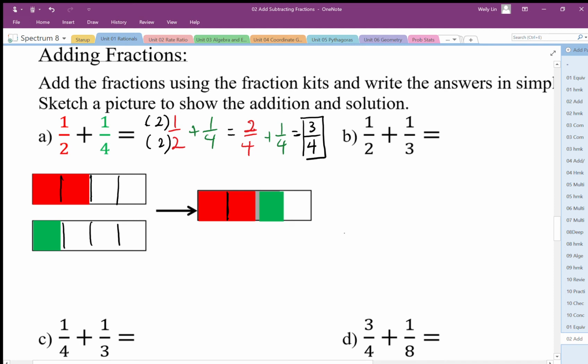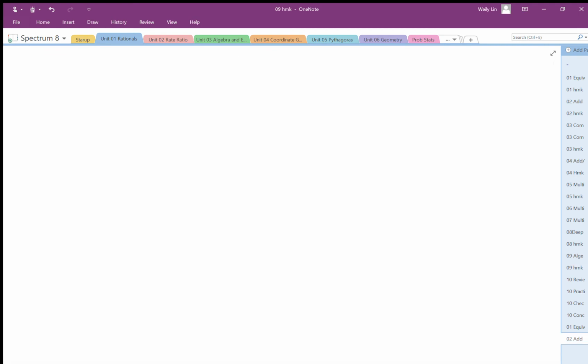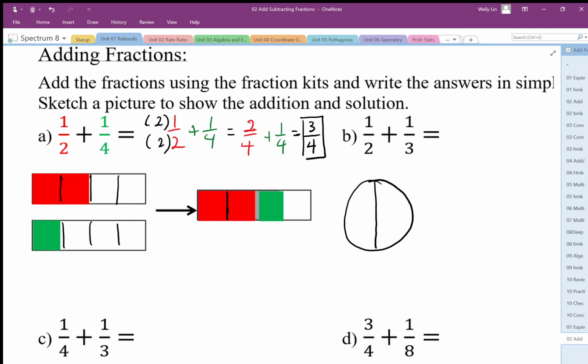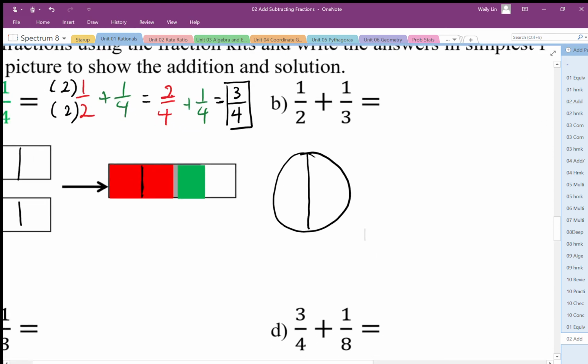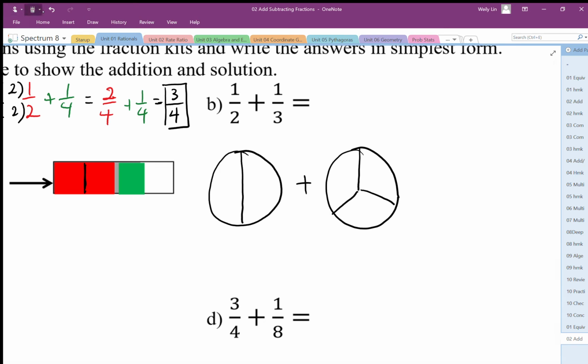So here I have a 1/2 fraction plus a 1/3 fraction. The pictures aren't that good, but this is the best we can do. There's my 1/3 fraction here, and I'll do my 1/2 fraction in red.